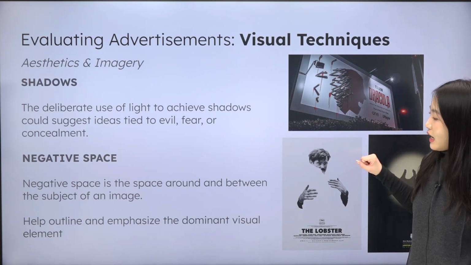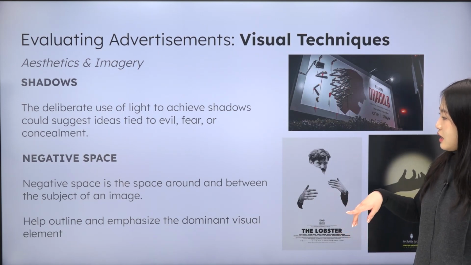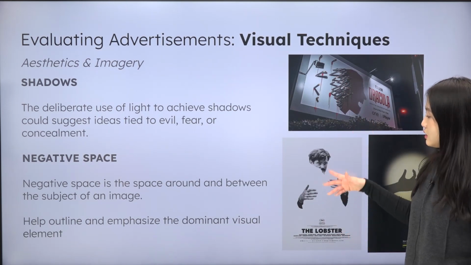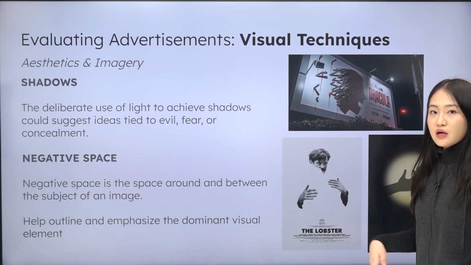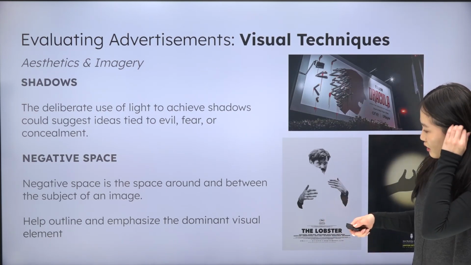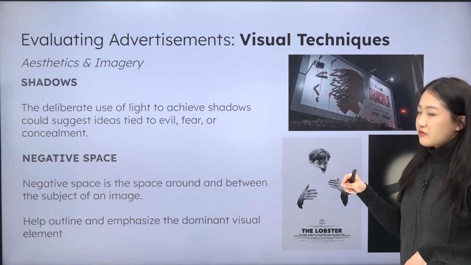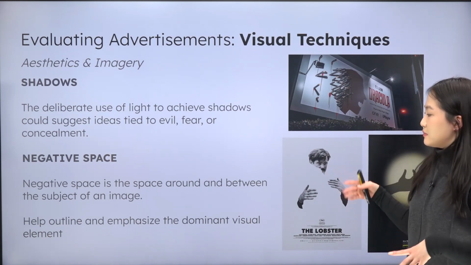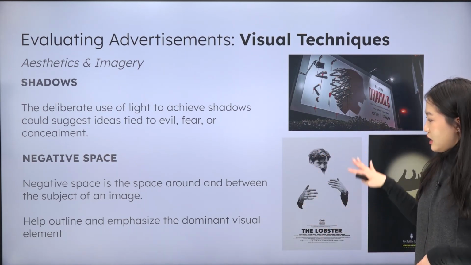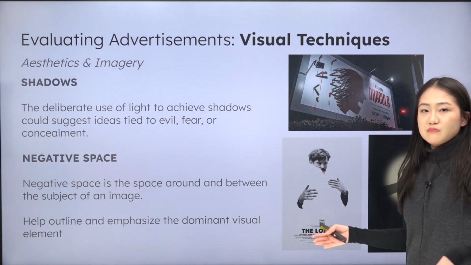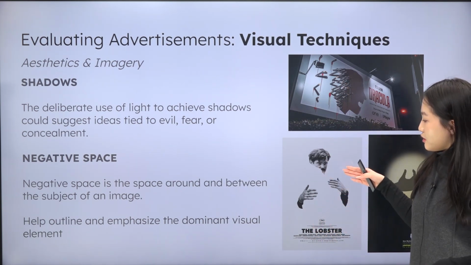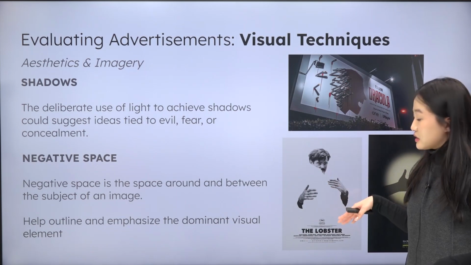It helps really outline and emphasize the visual element, which is here, the subject or the main character. And it also connotes a certain emptiness, at least in this poster. What is the subject missing, and what is this outline signifying?